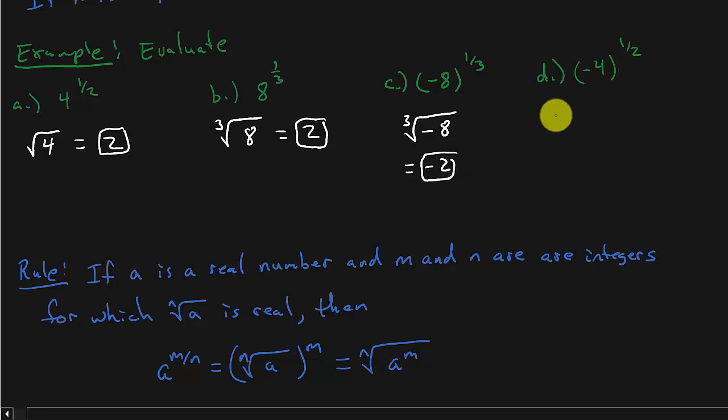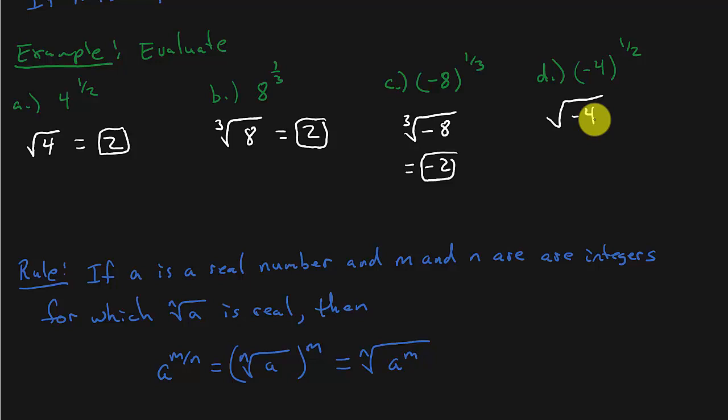Now this one, we have the square root of -4. So what can we raise to the second power to get -4? Well, nothing, right? Well, there is something. If you're in college algebra, some of you may remember, well, yeah, I can do 2i, but at this point in the class, you don't know about imaginary numbers yet.